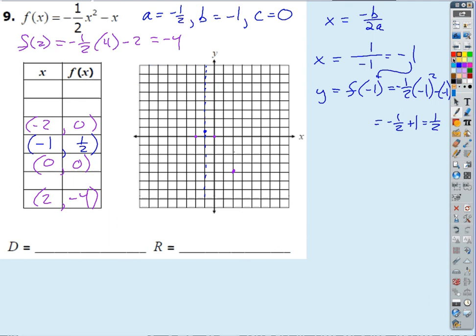How far did I go to the right of the vertex there? 3. So I should be able to go back 3 and get to another point. So where's that going to be? Yeah, -4. So I guess right there.